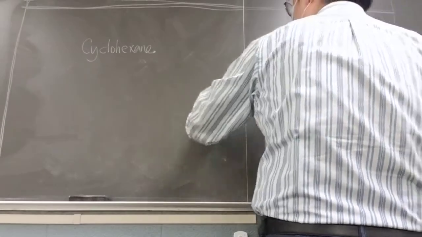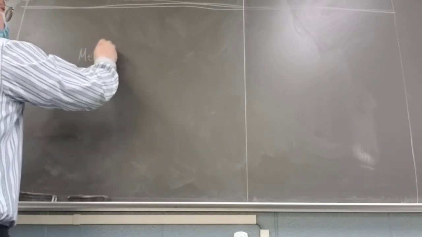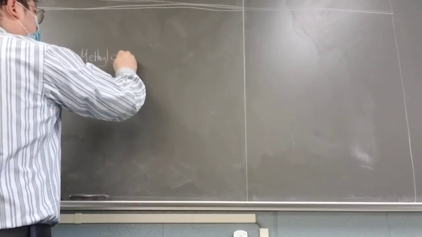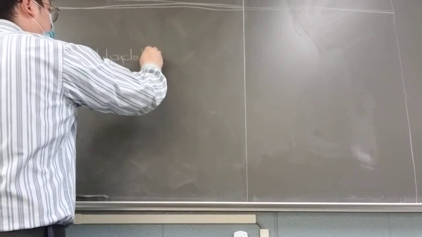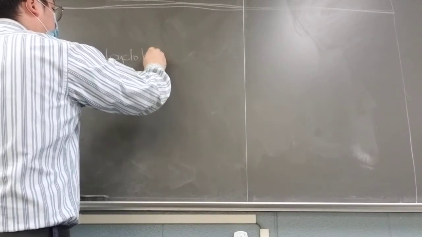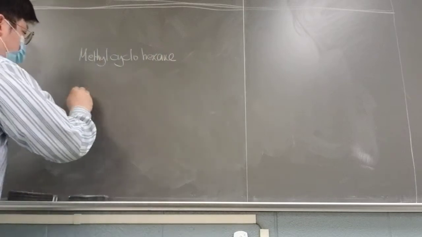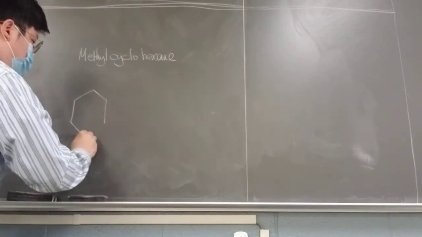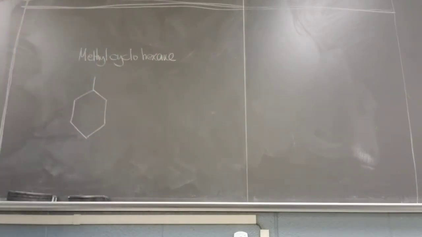So the thing is, we have a cyclohexane. Let's try to put one group over there. Okay, so try to put one methyl group. So it will just look like this. Okay, it's like this one.